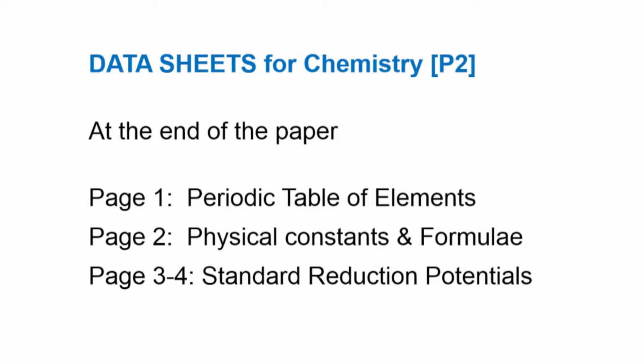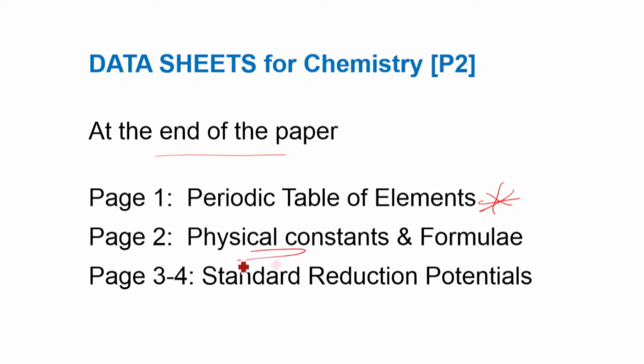The data sheets, they're 4 pages. They're at the end of the paper. The periodic table of elements, and I hope you're going to learn to understand and read and interpret and use the periodic table. So much of chemistry, if you know how to use the table properly, is there. Electron configurations, they're all there if you know how to extract that information.